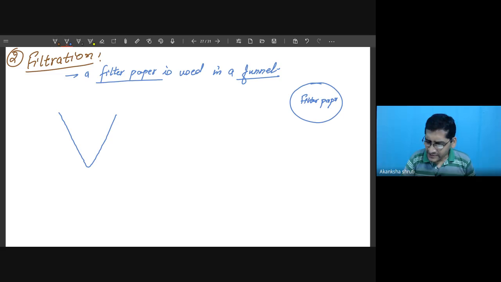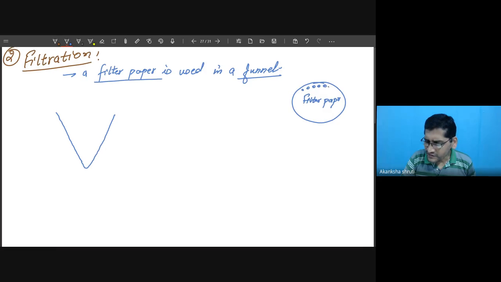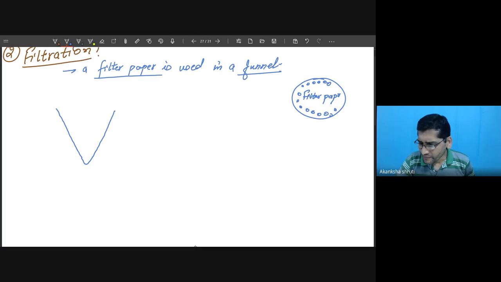Now student, this filter paper has very fine holes. These holes are uniform, meaning of the same size. These are called pores or holes in the filter paper.